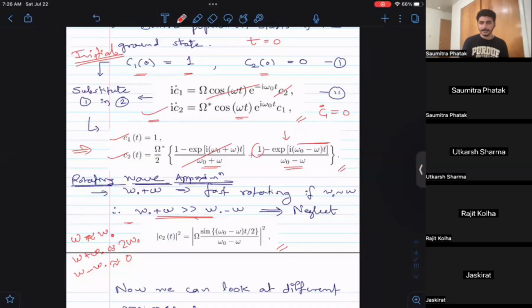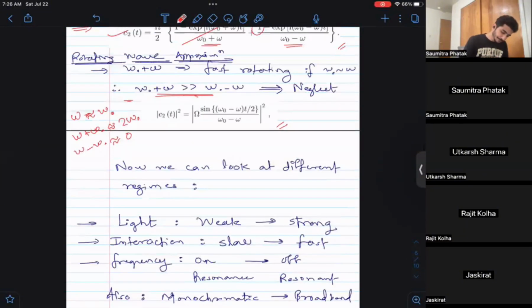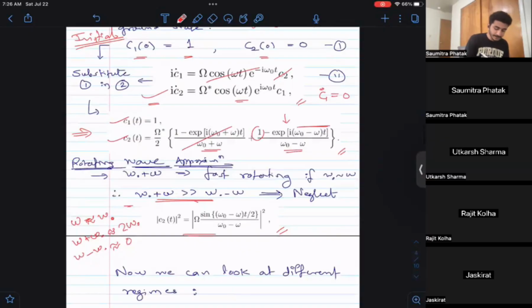So the probability in time depends on frequency, and that profile is actually what you will get whenever you consider this expression. This expression gives you a nice sin x by x graph, which looks like this, a sinc function, which has a maxima at the origin, because when you have omega equal to omega naught, this will blow up.